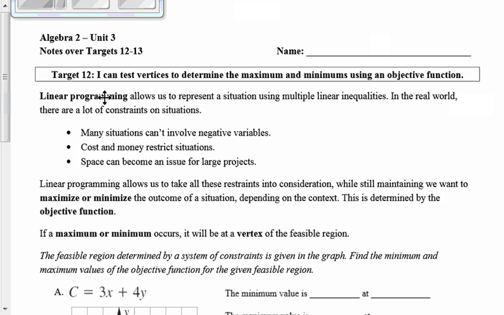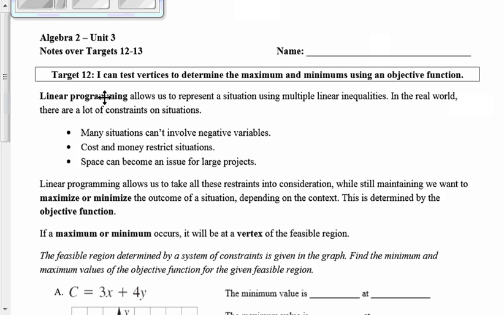That doesn't make sense. Also, there's just restrictions. Like if you're trying to build a company, there's cost restrictions to that. There's money restrictions, space restrictions. So in our reality, there's lots of restrictions on things that we want to do. And so inequalities can help us represent all of that.